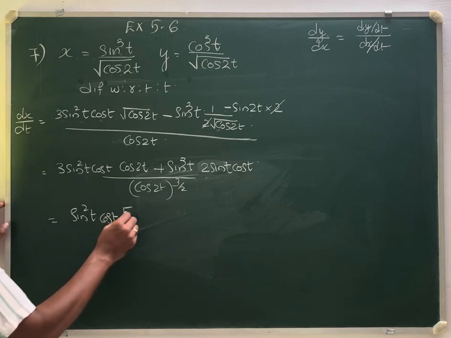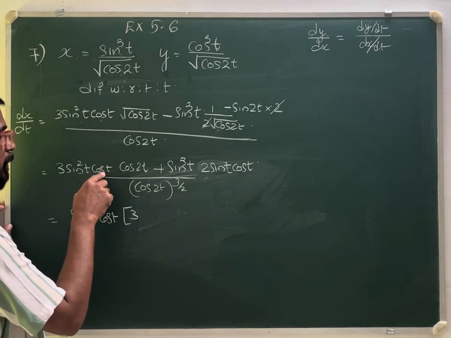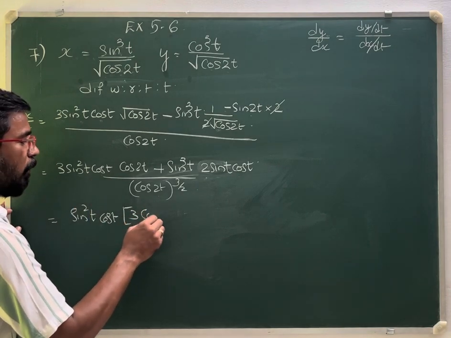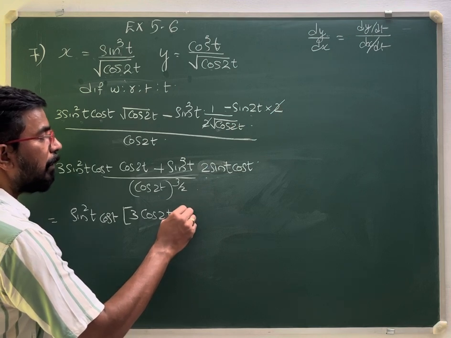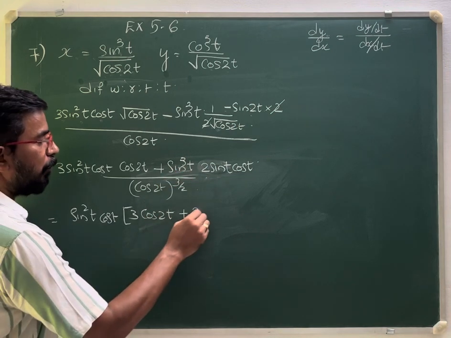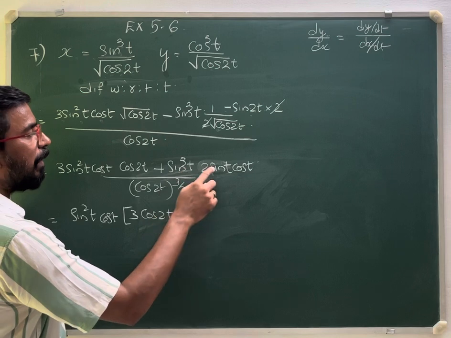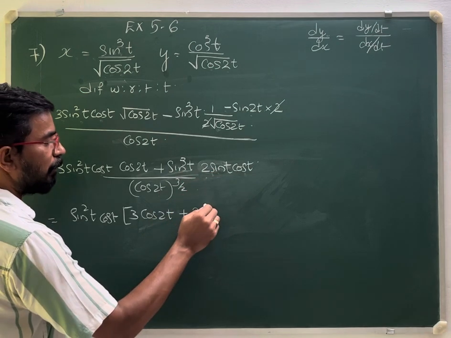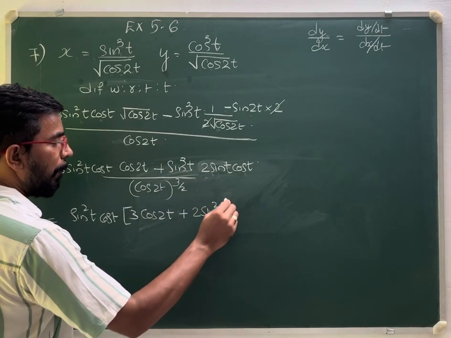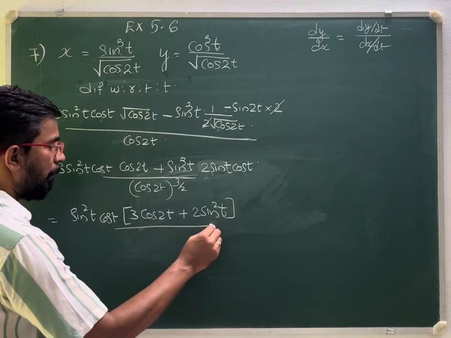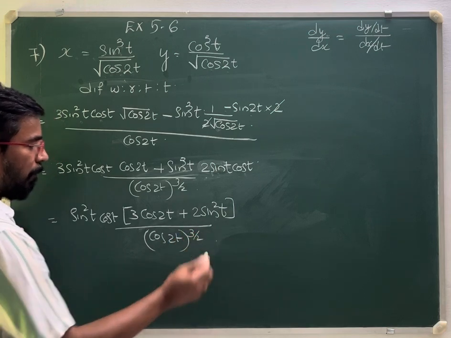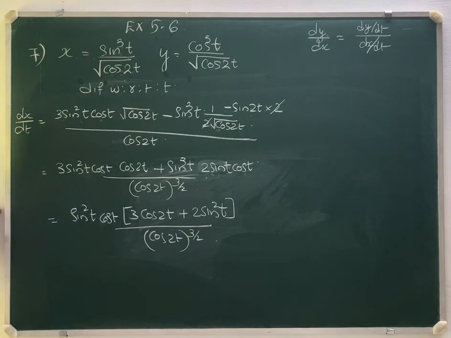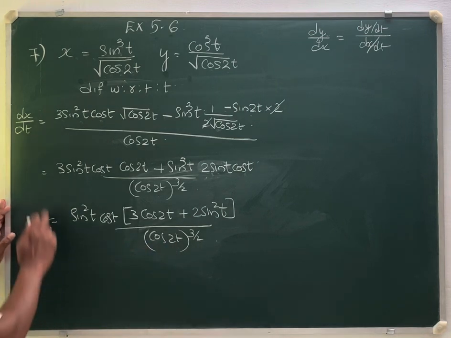So this will become 3 cos 2t plus, from here sin square is gone, there is 1 sin and here also 1 sin, cos t also, so sin square t, divided by cos 2t to the power 3 by 2. Okay, now this is enough for dx by dt.